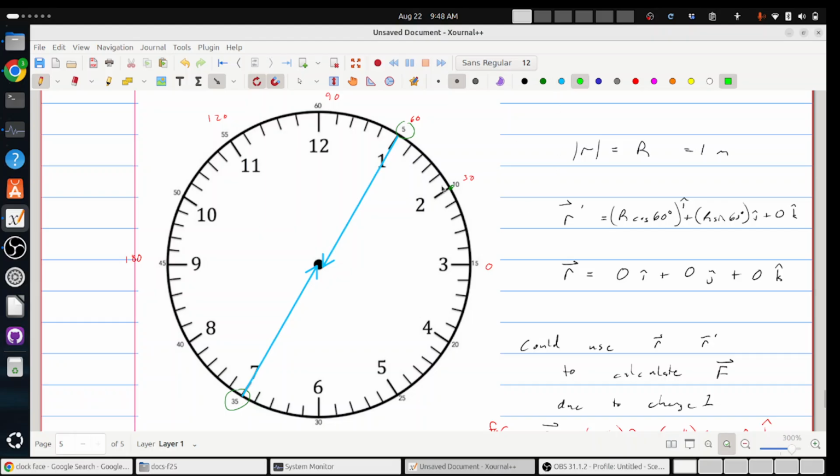Then Q2 and Q8 are exactly opposite of each other. And Q3 and Q9 are exactly opposite of each other.